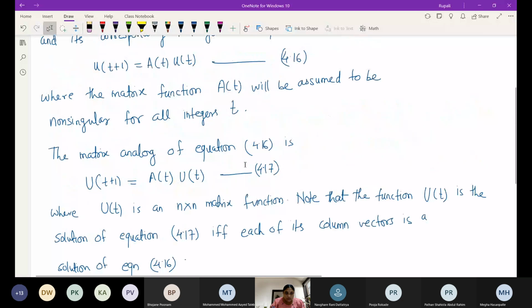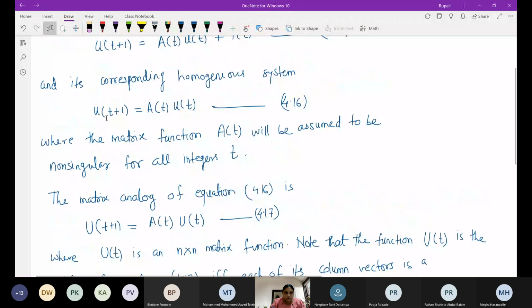This 4.16 is the vector form, and this 4.17 is its matrix analog. So if capital U of t is a solution of 4.17, this matrix analog system, then each column vector will be a solution of 4.16.